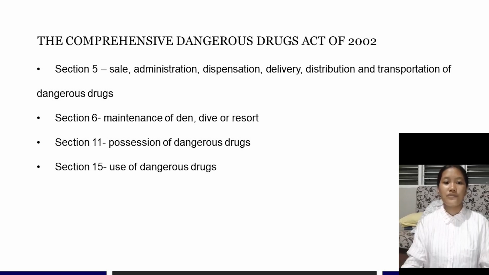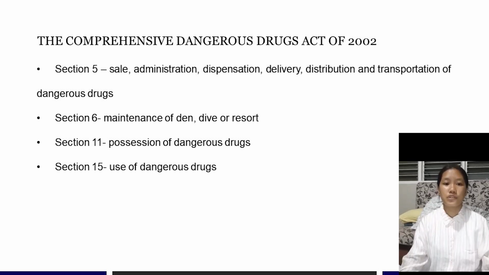Number 1. Life imprisonment and a fine ranging from 400,000 pesos to 500,000 pesos if the quantity of methamphetamine hydrochloride or shabu is 10 grams or more but less than 50 grams. Number 2.